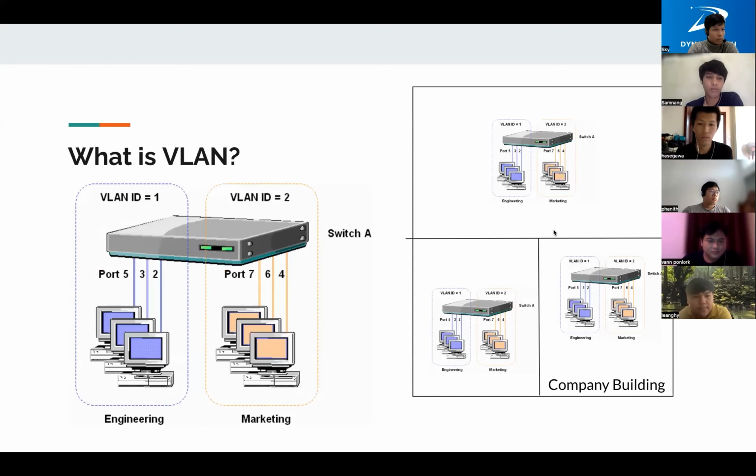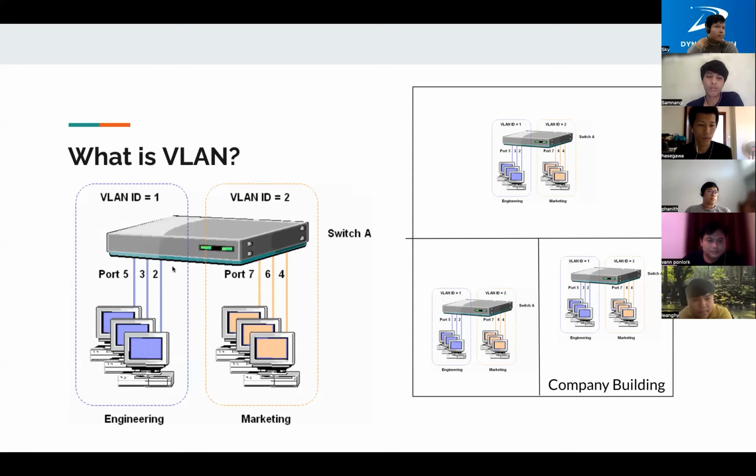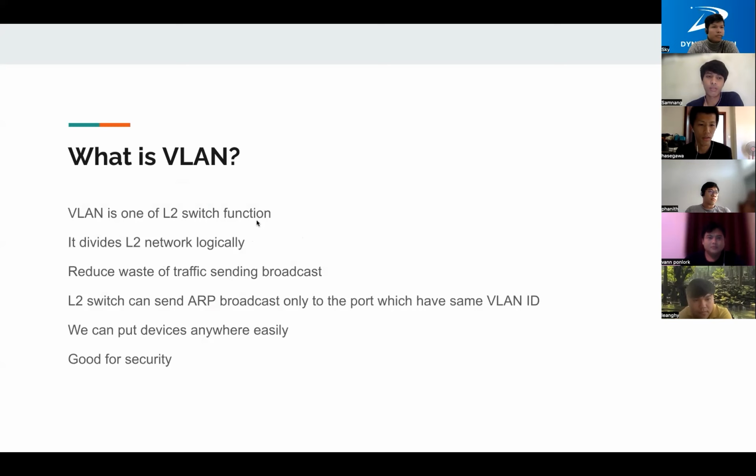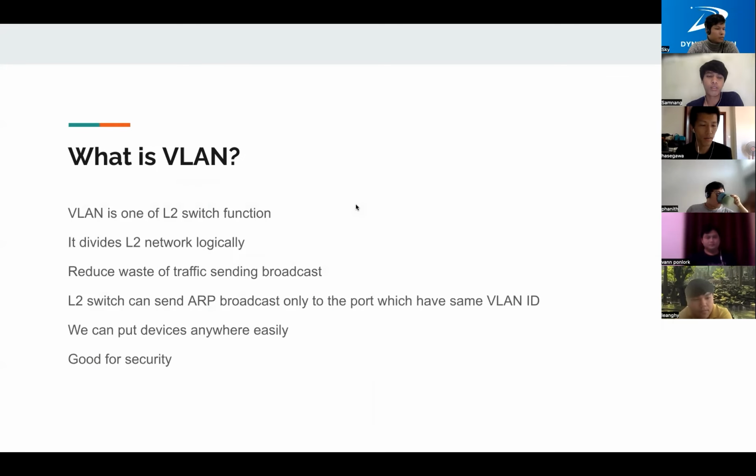So first, what is VLAN? VLAN is one of the L2 switch functions. It divides an L2 network into networks logically, like this. The merit is it reduces the rate of traffic sending.